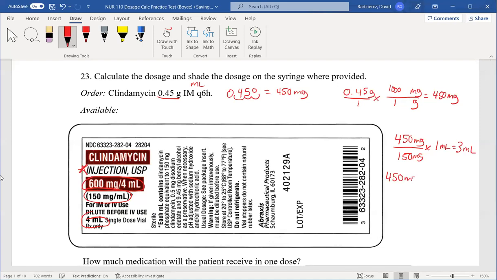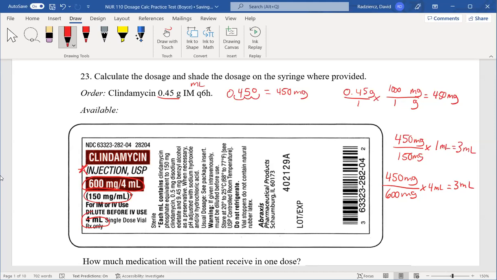Let's just double check. So 450 milligrams over 600 milligrams times 4 milliliters. Let's see if we get the same thing. So 450 times 4 divided by 600. Same thing.